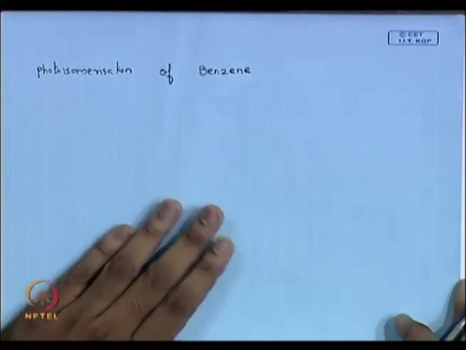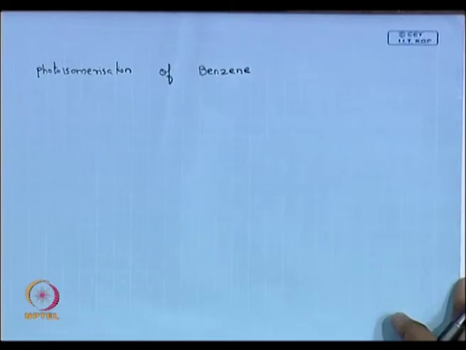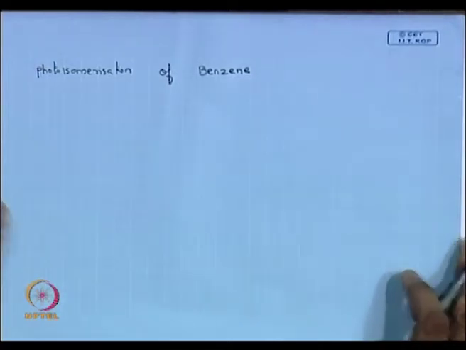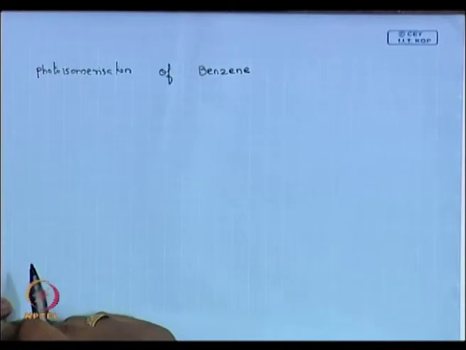I think this is the first time we are talking about aromatics. So far we have not talked about any chemistry of aromatic systems. This is where we are introducing them. You can see what simple benzene can do in light.